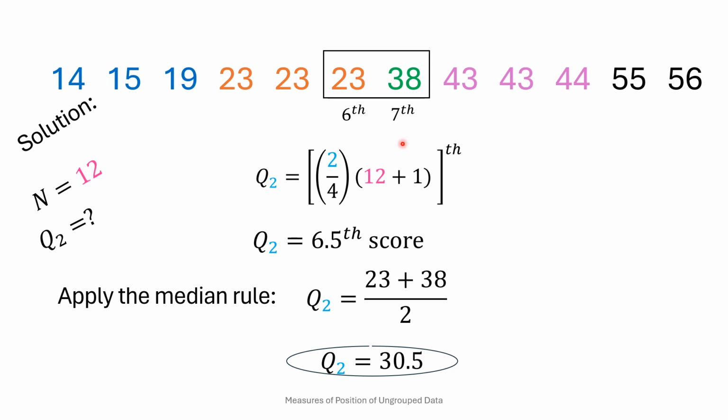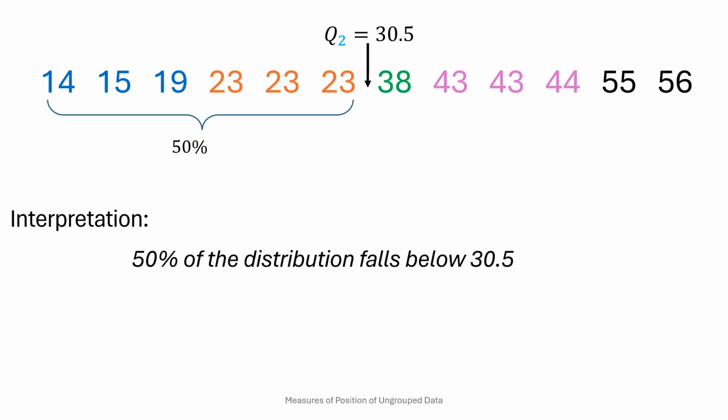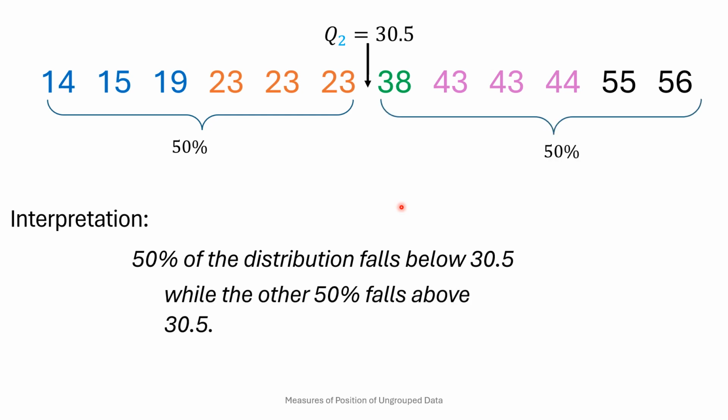Let us interpret the result. The median is at the middle of 23 and 38, and that is 30.5. This means that 50% of the distribution falls below 30.5, and the remaining 50% falls above 30.5.